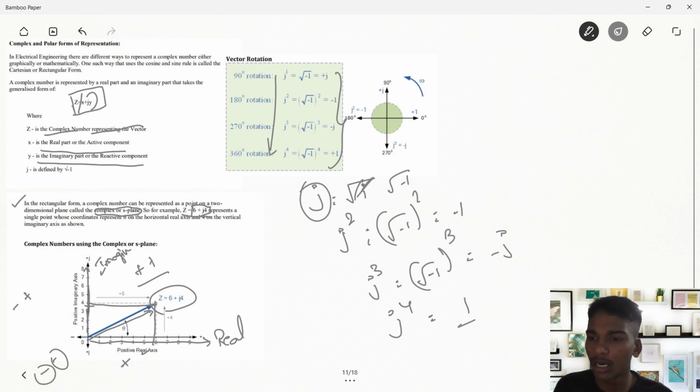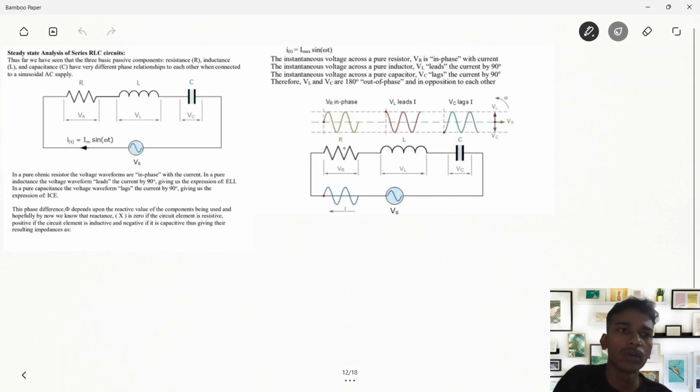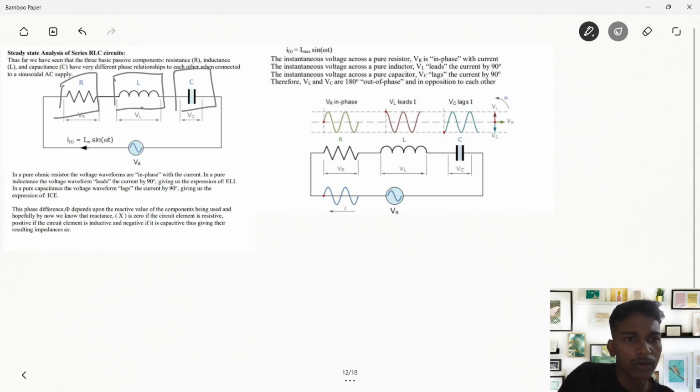Now we will dive into AC circuits. In AC circuits, we are going to have the terms R, L and C. Thus far, we have seen the three basic passive components: resistance, inductance, and capacitance.